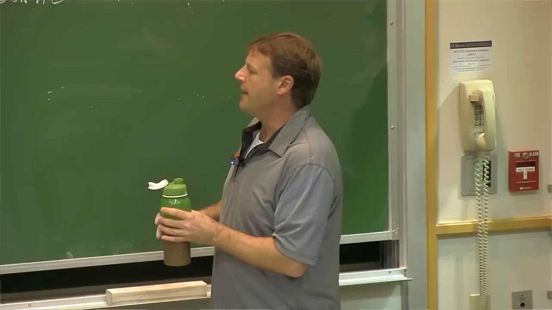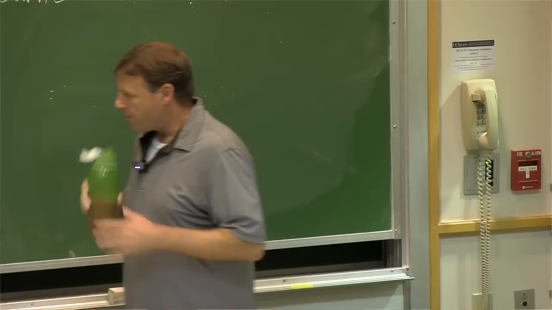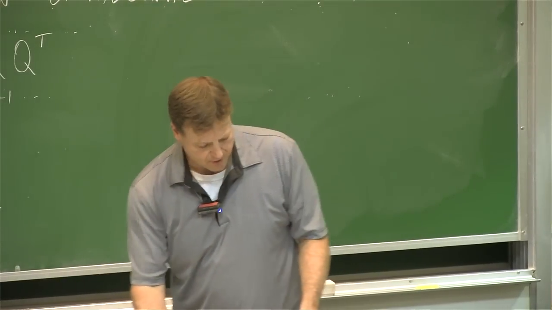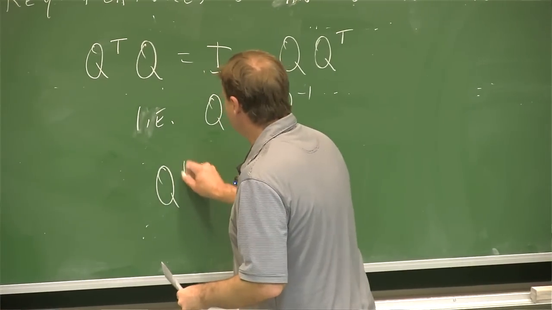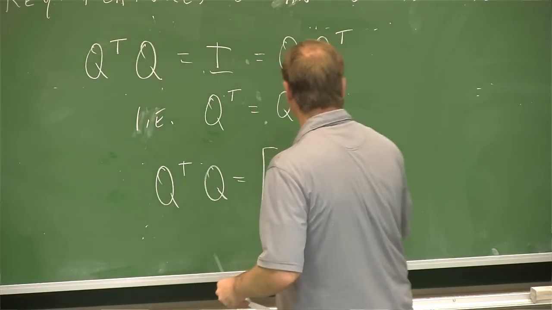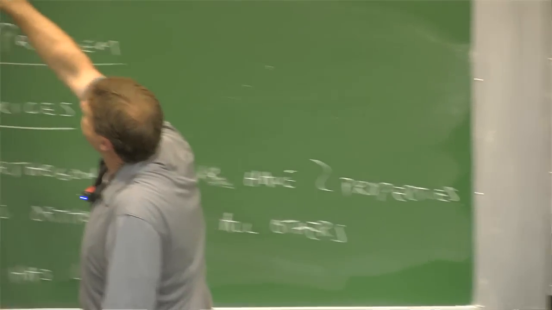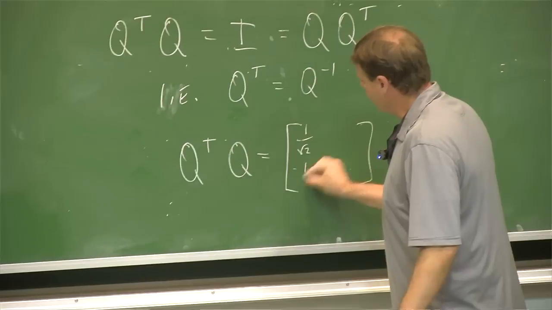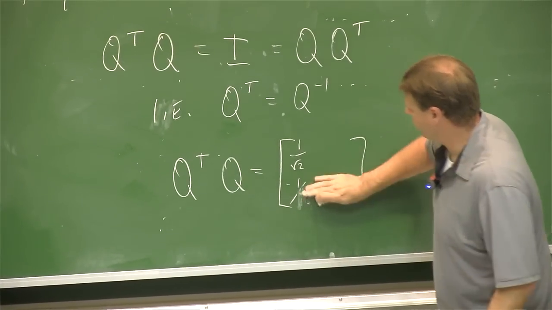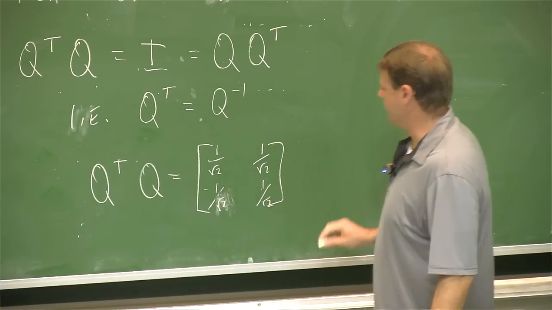So orthogonal matrices have this property that the transpose is equal to the inverse. We can check that with ours there. So Q transpose Q. If I do the transpose, then the negative 1 over root 2 goes in the lower left-hand corner: 1 over root 2, negative 1 over root 2, and 1 over root 2, 1 over root 2.